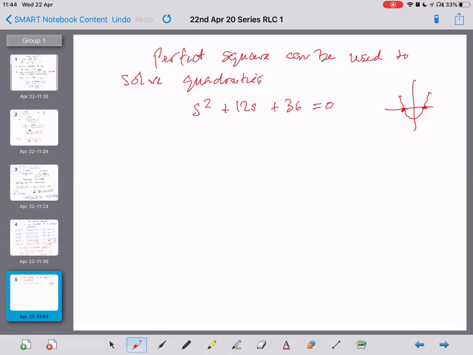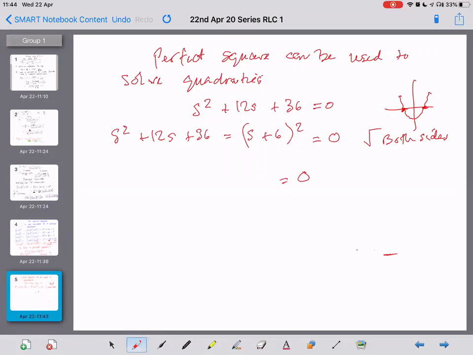So we've already seen that we can write this s squared plus 12s plus 36 as s plus 6 all squared, and that's equal to 0. If we then square root both sides, the square root of nothing is nothing.